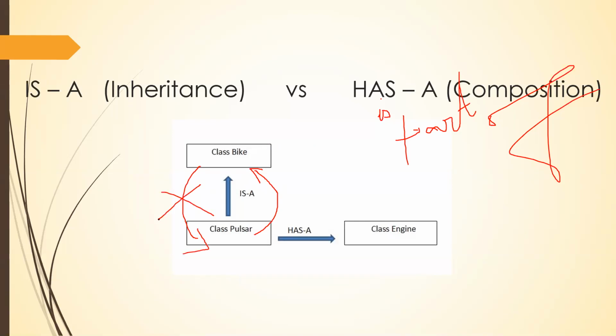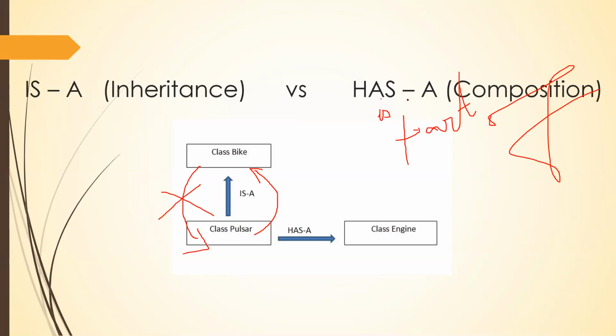So is a is not two way. It is only one way, because pulsar is a bike, but bike is a pulsar doesn't hold, because there could be many varieties of bike, like a Yamaha, a Honda, an X, Y, and Z. So is a is actually a unidirectional relationship.